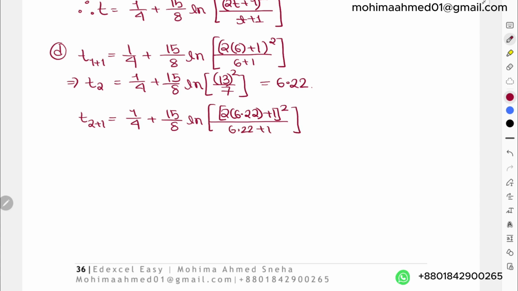I'm not going to simplify it further. I'm just going to write 1/4 plus 15/8 ln, then inside that 2 into 6.22 plus 1 square, in 7.22 actually in the denominator.